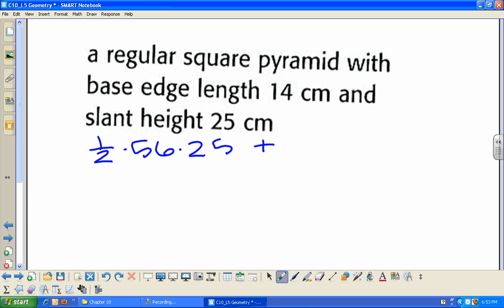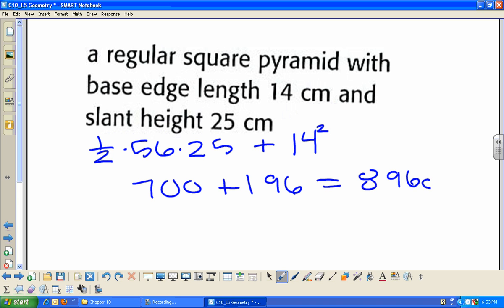I also have to take the area of the base. If one side length is 14, it would be 14 squared is the area of the base. So it would have 700 plus 196, which is equal to 896 centimeters squared.